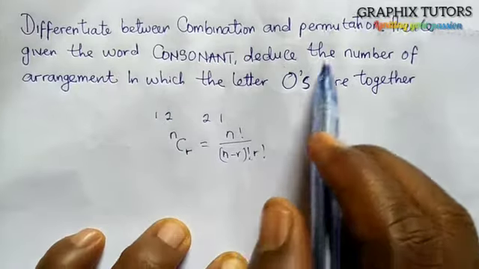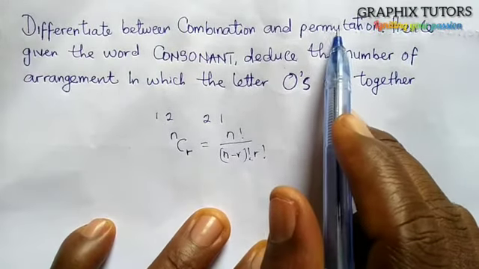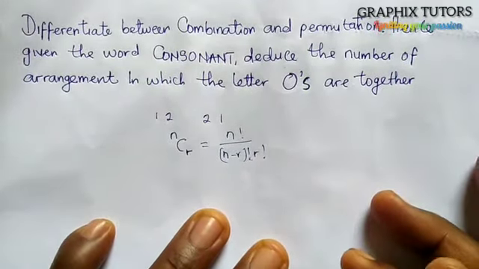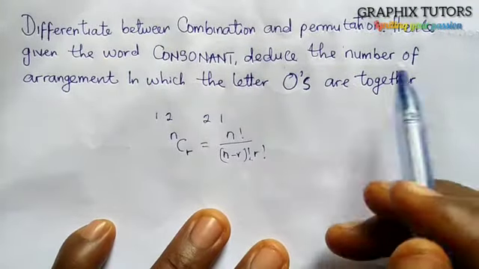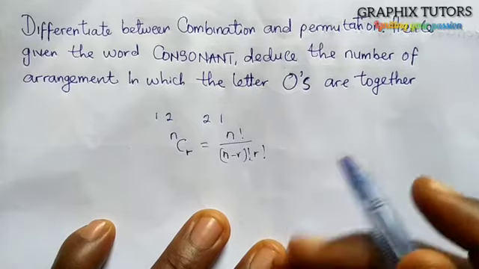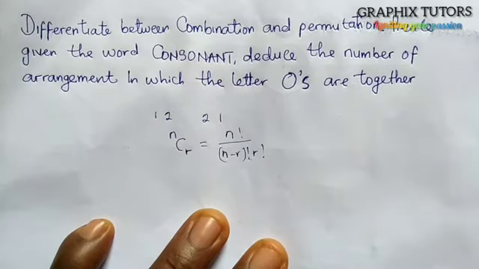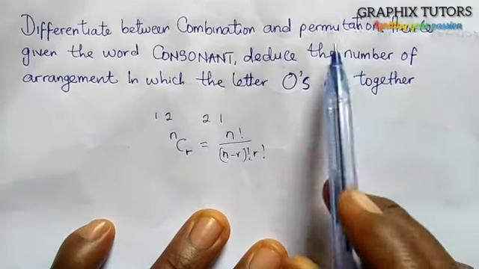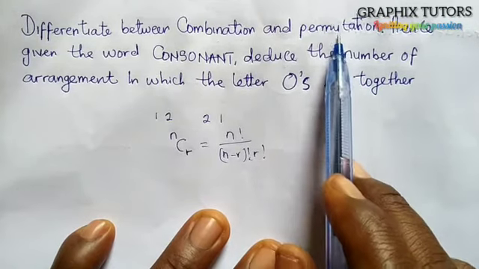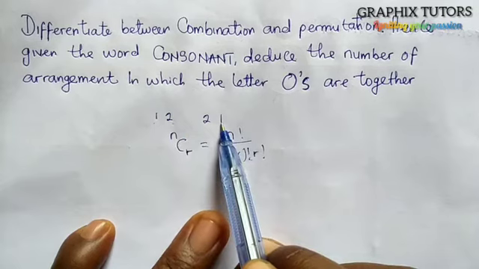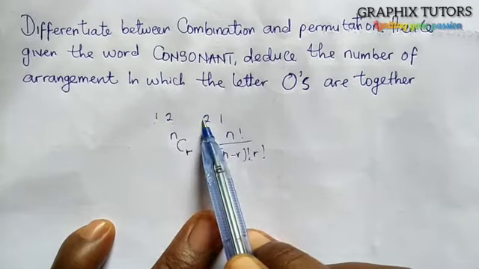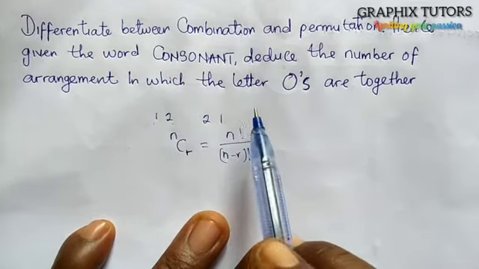Now this is the formula for what? Combination. While in permutation, it's all about arrangement. Combination is all about selection. Permutation is all about arrangement. So when you say permutation, it means how you arrange something. And in terms of permutation, order matters. Like 1 2 is not 2 1.